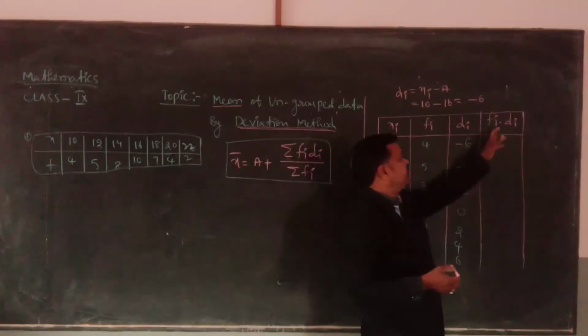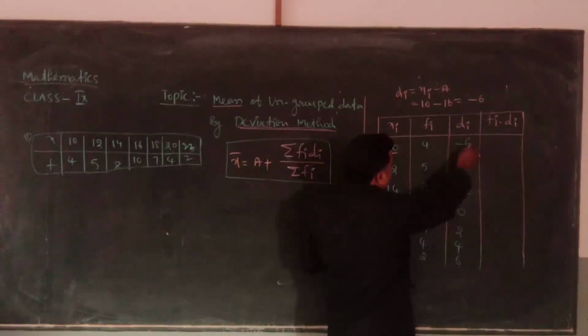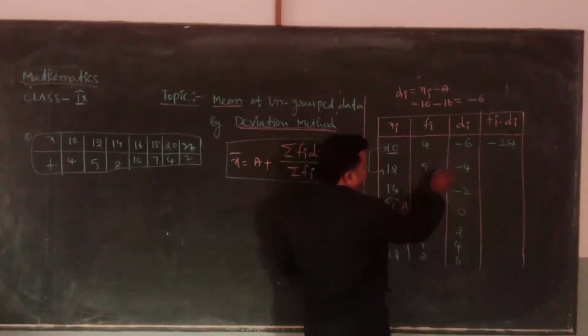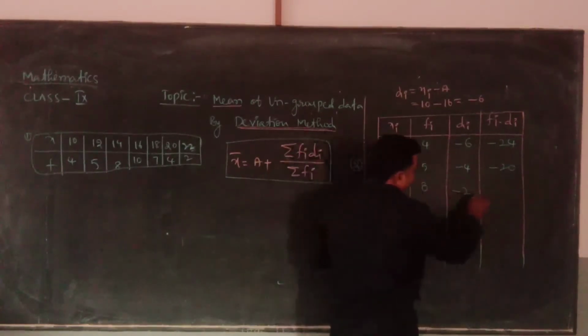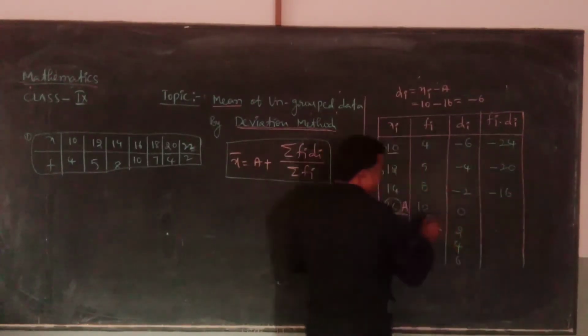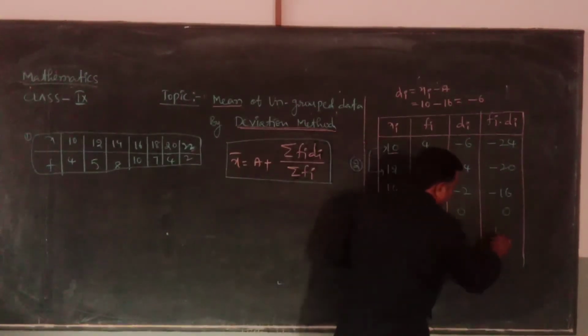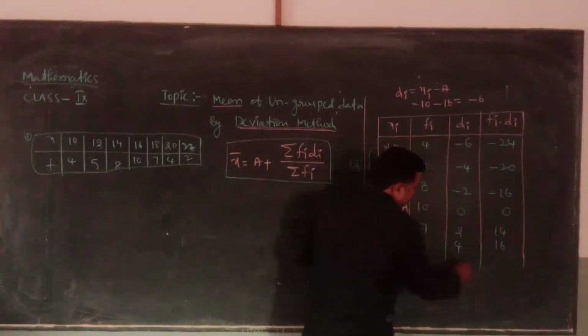The next column is fi into di, that is 4 into minus 6 is minus 24, 5 into minus 4 is minus 20, 8 into minus 2 is minus 16, 10 into 0 is 0, 7 into 2 is 14, 4 fours are 16, 2 sixes are 12.